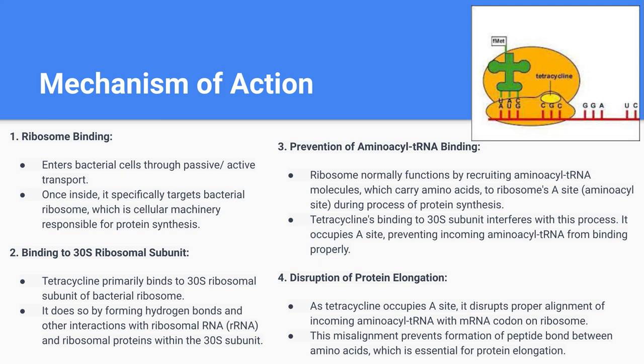So it is going to bind to the A site and interfere with the aminoacyl tRNA. Now if tetracycline is binding over there, then protein elongation will not take place. Because if the tRNA is not binding, then why will the amino acid get transferred?